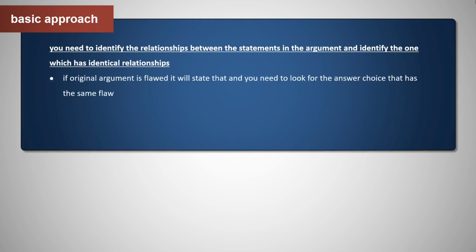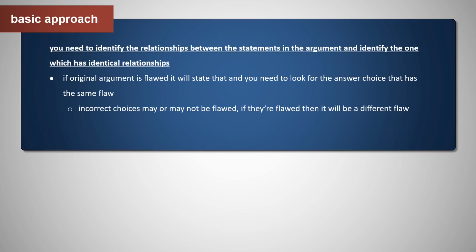Likewise, if the original argument is flawed, it'll state that, so it'll tell you that it's flawed, and then you need to look for the answer choice that has the same flaw. The incorrect choices for these may or may not be flawed. If they are flawed, then they're going to be flawed in a different way, and it'll be a different flaw.